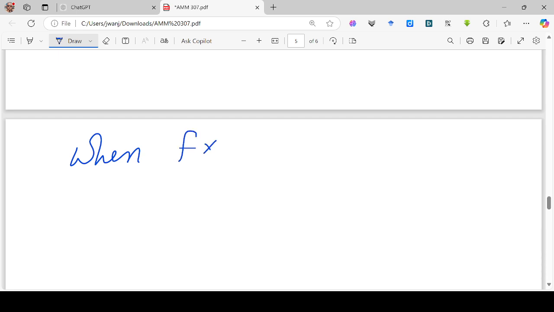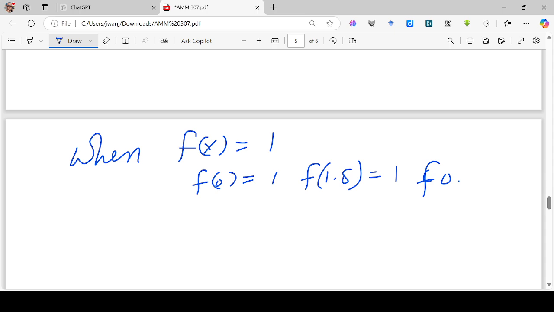If we take the case when f of x is equal to 1, then f of 0 will be equal to 1, f of 0.8 is also 1, and f of 1.8 is also 1, because this is a constant function with value 1 everywhere.